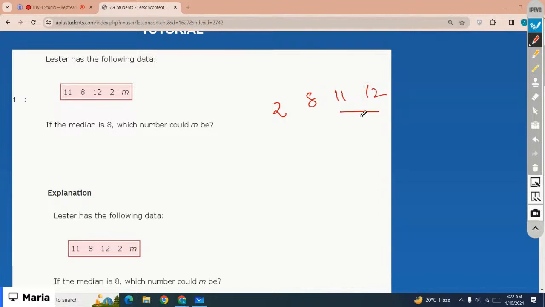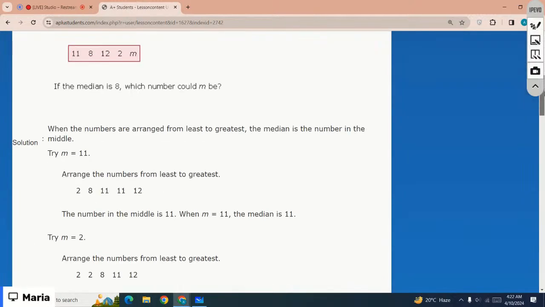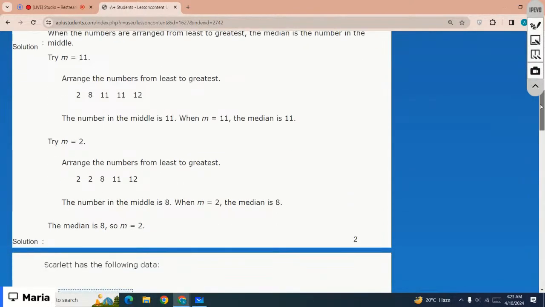You can see 11 and 12, they are the two numbers greater than 8. That means M must be less than 8, right? It could be any number that is less than 8, maybe 4, maybe 5. M is 2, right?